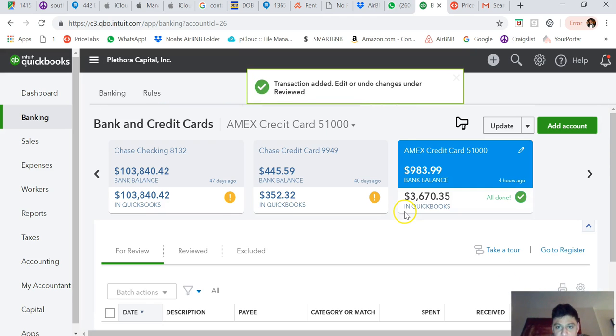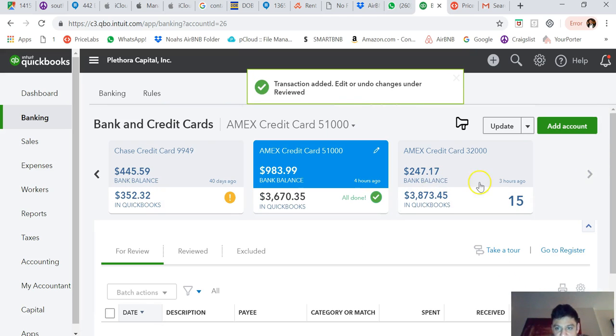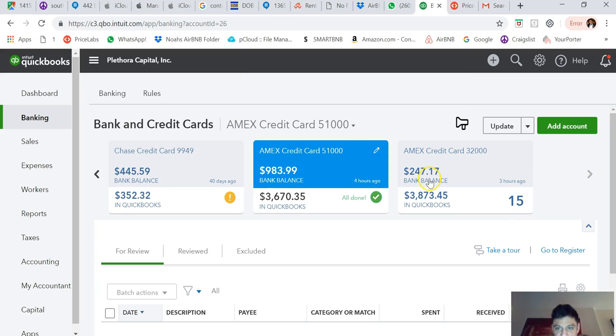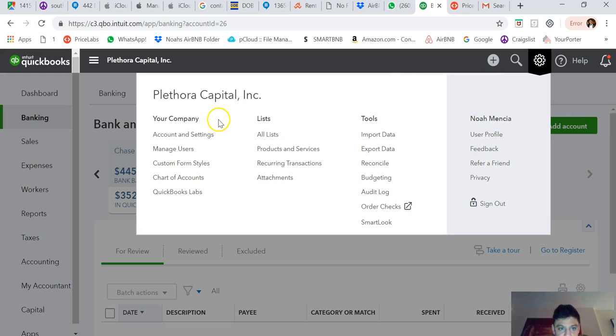That's kind of what it's all about. And then you're going to do that for all of them, and whichever ones you don't understand, ask me. And then basically to connect a new card, you do that up here, I think.